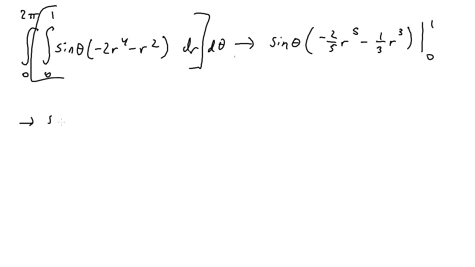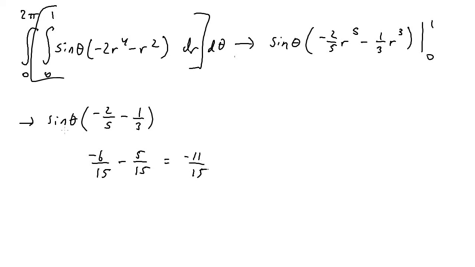So when I plug in 1 for r, we get sine of theta times negative 2 over 5 minus 1 over 3. Negative 2 over 5 can be rewritten as negative 6 over 15, and negative 1 over 3 can be written as negative 5 over 15. So when I subtract those fractions, we get negative 11 over 15 times that constant sine of theta.